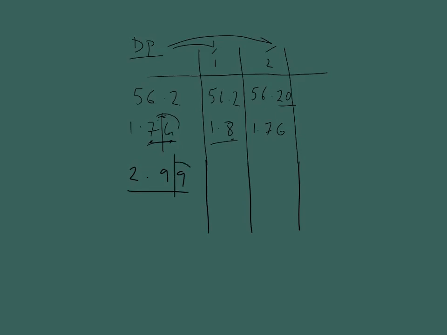So that means this goes up by 1. So it becomes 3.0. And to 2 decimal places actually it is 2.99. It just remains the same because that's in 2 decimal place format. What about if we try this one?